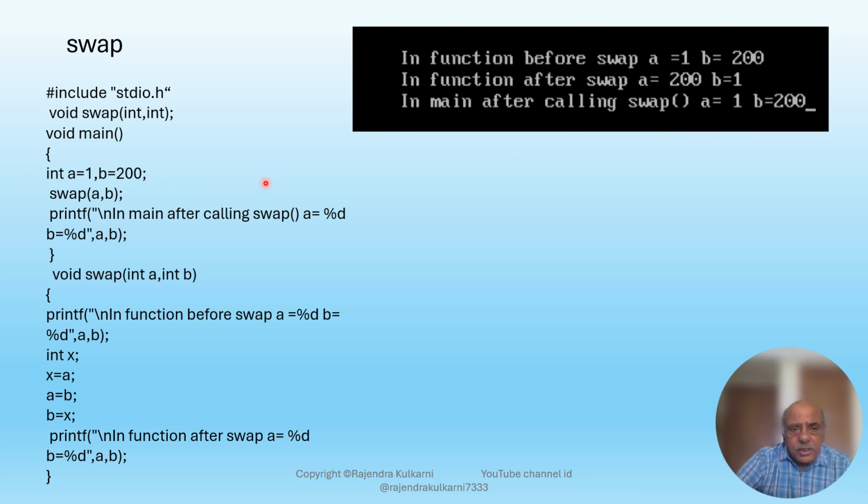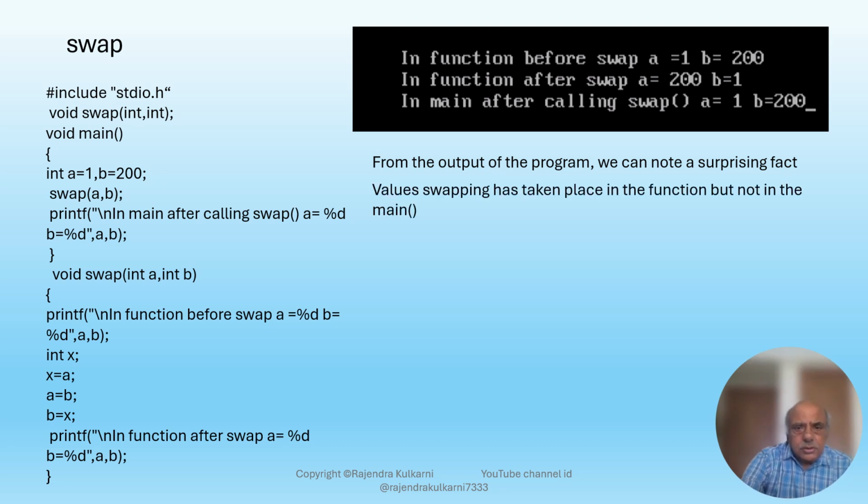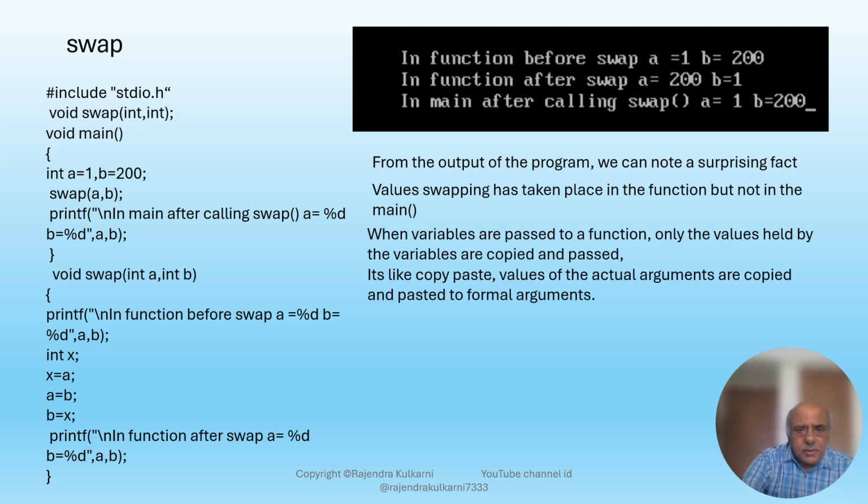So the function swap does not change the values of variables which are passed to it from the function call. Swapping has taken place in the function but not in the main. So what we understand from this program again is that when variables are passed to a function, only the values held by the variables are copied and passed.